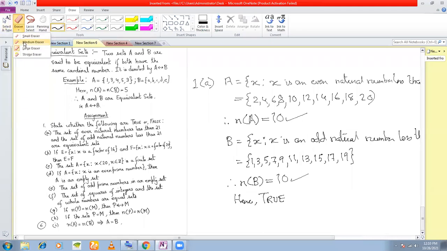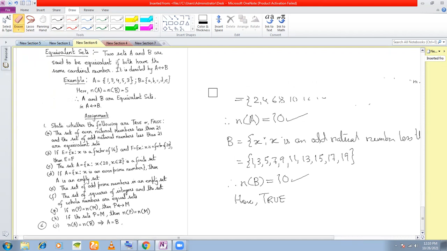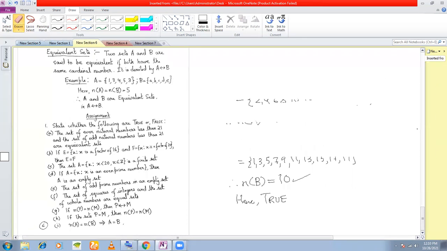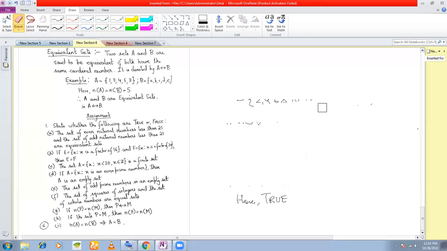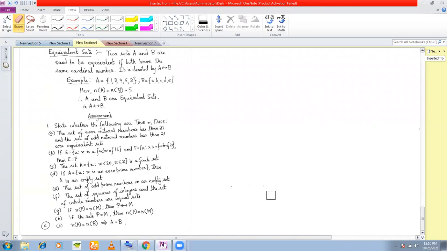Next one. E is the set x such that x is a factor of 16. Okay.